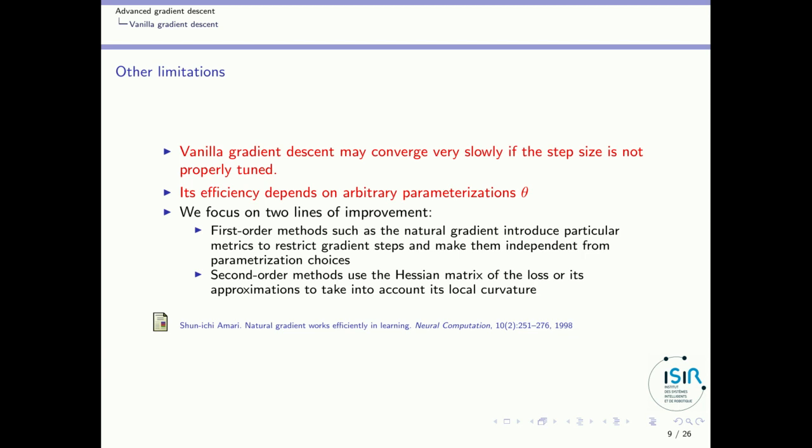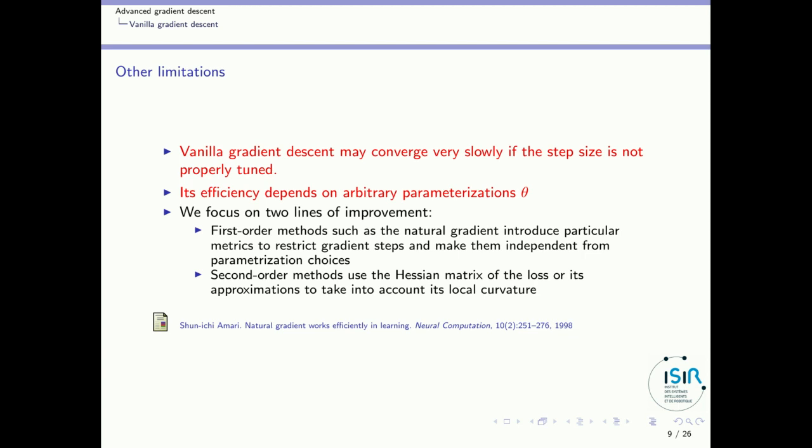Another point that we have not seen yet is that the efficiency of gradient descent depends on the parametrization theta. If you are using a neural network with weights theta, or a different structure with different parameters theta, then gradient descent will have different effects.